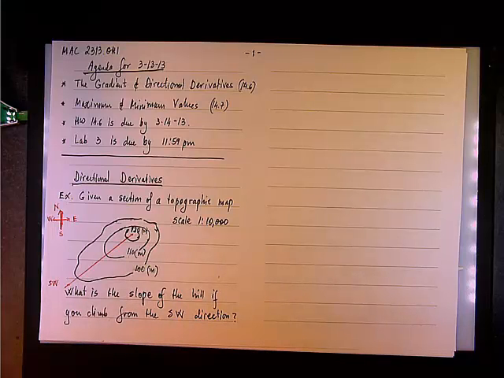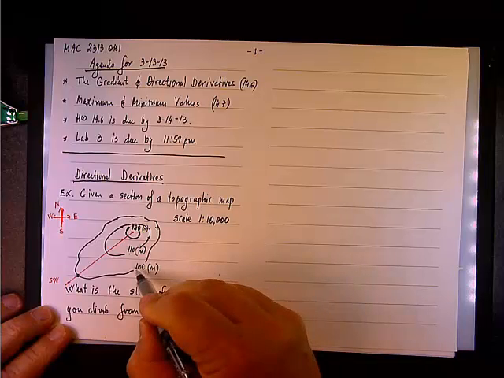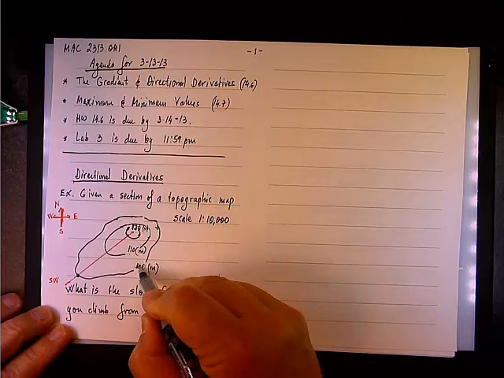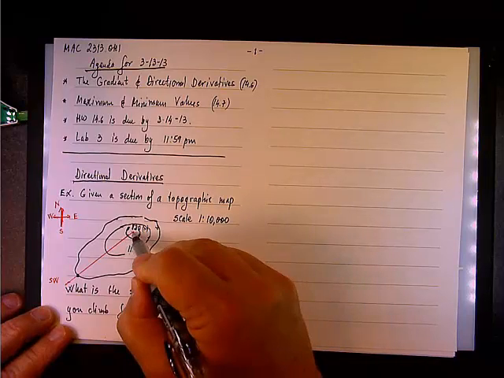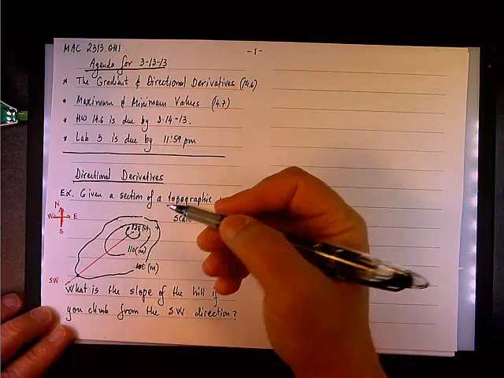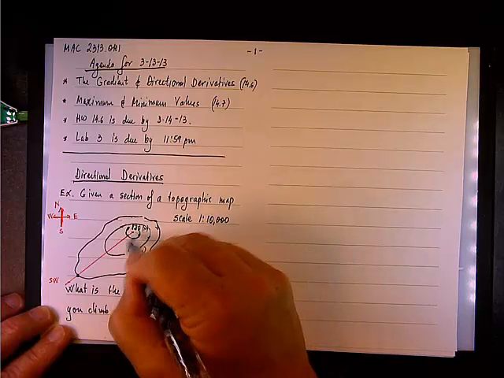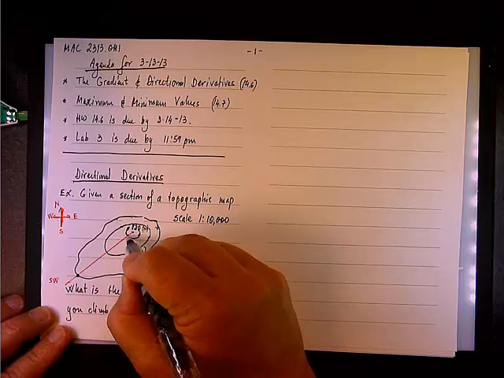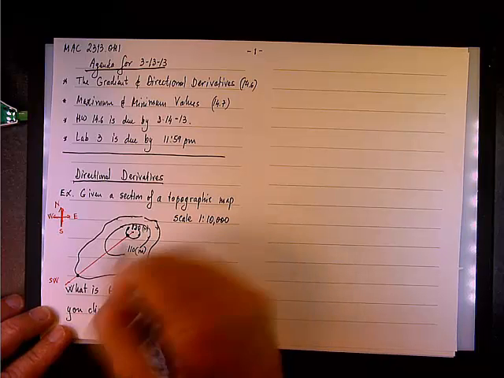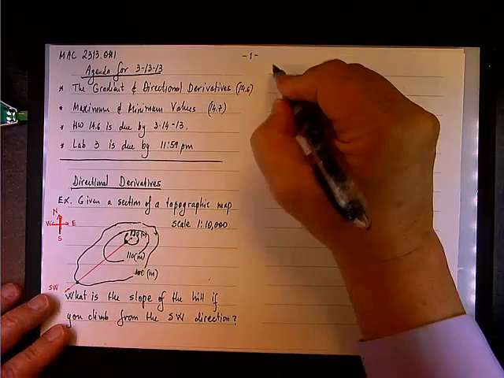So for the solution, if we start right here, this contour, or level curve, is 100 meters. We go, and let's assume that the top is all flat, at 120. We don't have any other way to go. Nobody told us that there is elevation higher than 120, so we can go from here to be on the safe side.